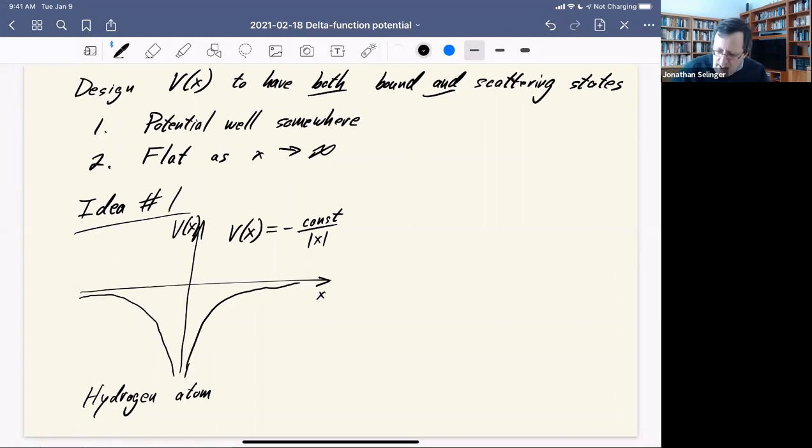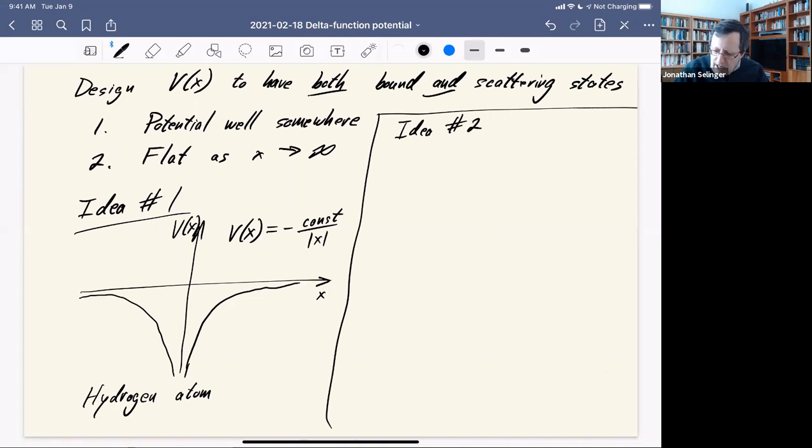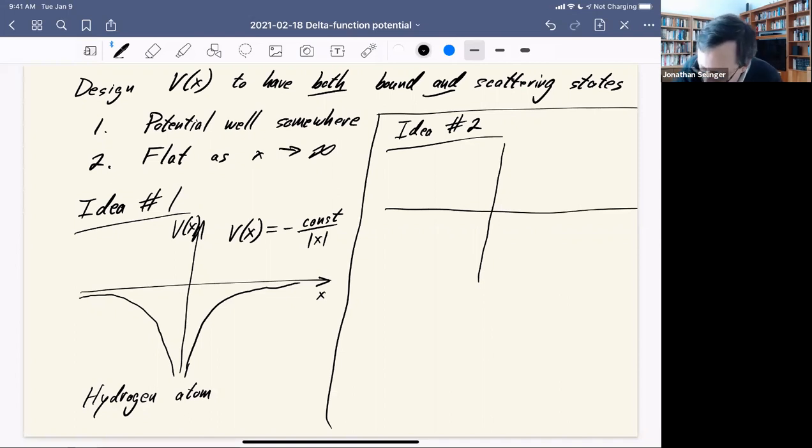Now let's try to make something simpler than that. For idea number 2, let's see if we could just make a potential energy that is flatter. So I'll make a potential energy like this. It's flat, and then it goes down, and then it goes up, and then it's flat again.